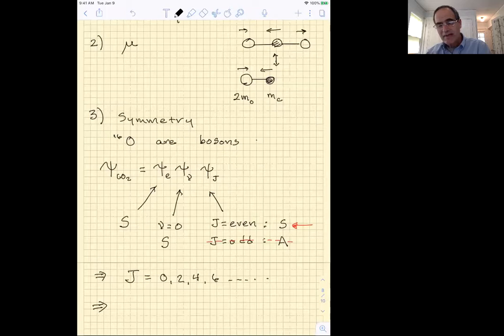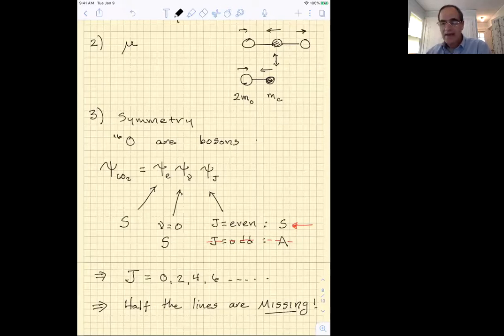From the point of view of the spectrum, it means that half the lines that we might expect if we were unaware of this are going to be missing. Okay?